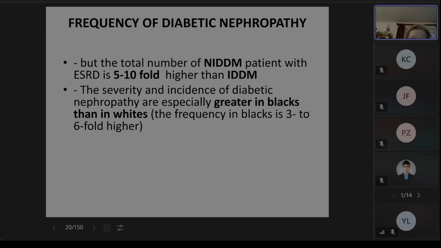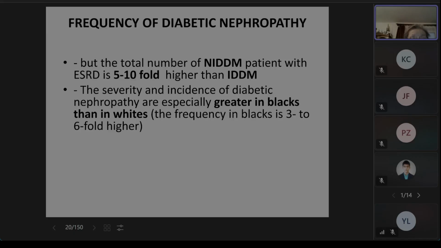But of course, you must remember that chronic kidney disease and diabetic nephropathy is much more frequently observed in patients with type 2 diabetes mellitus. It is claimed that the frequency is even 5 up to 10-fold higher than in insulin-dependent diabetes mellitus.